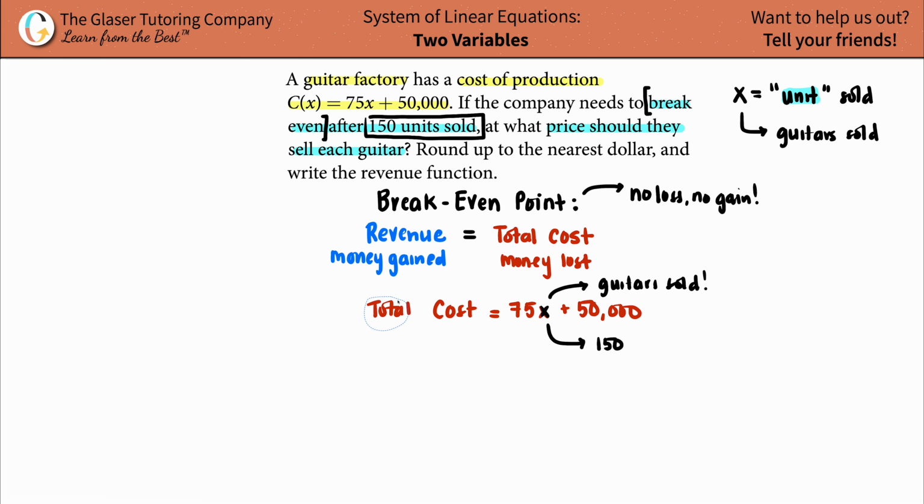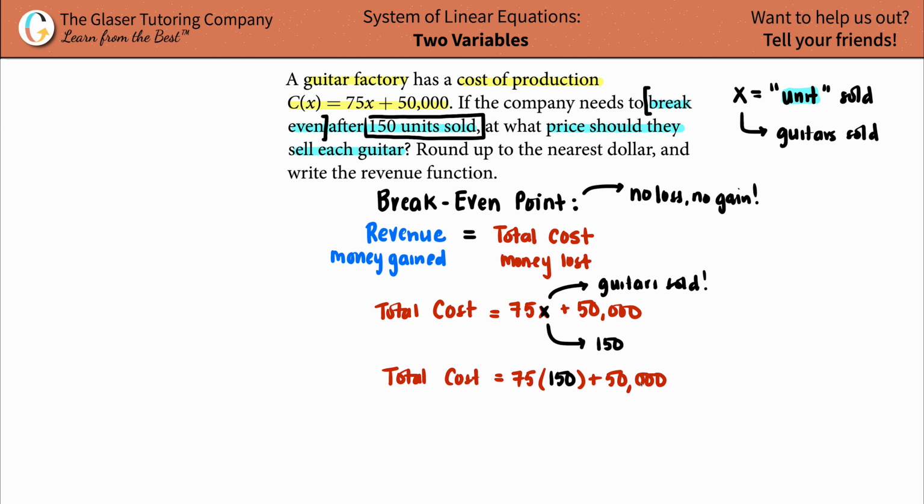Always make it easy for yourself. So let's see. Total cost equals 75 times 150, and then we're going to add 50,000 to it. That's a lot of costs.